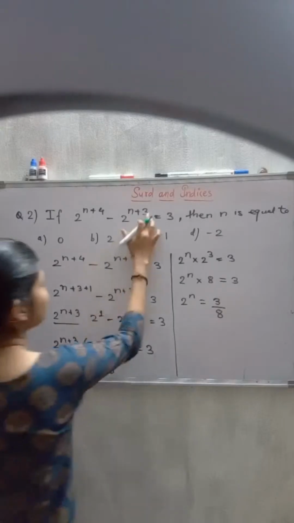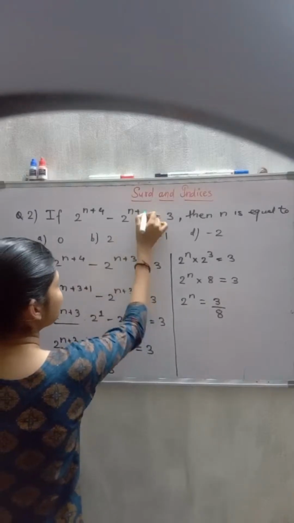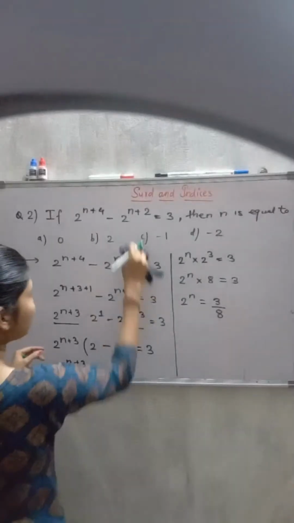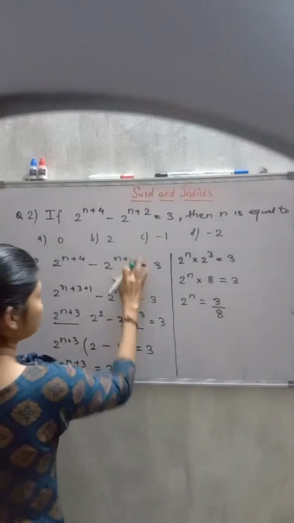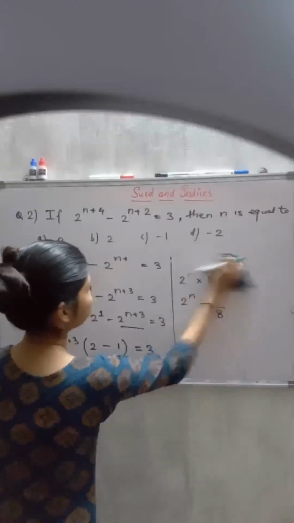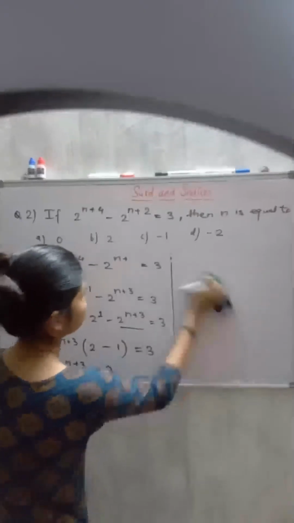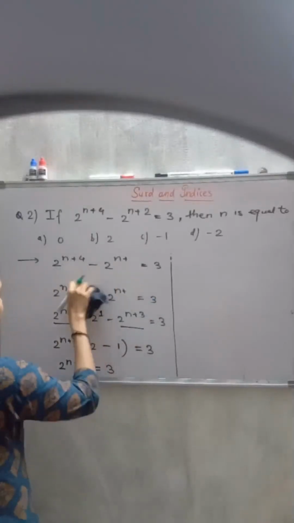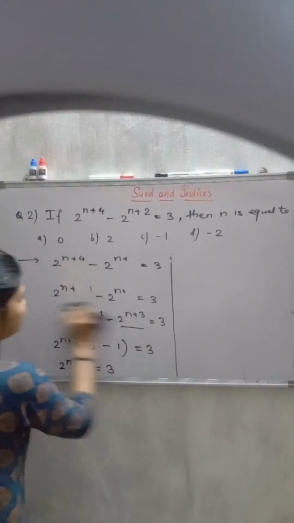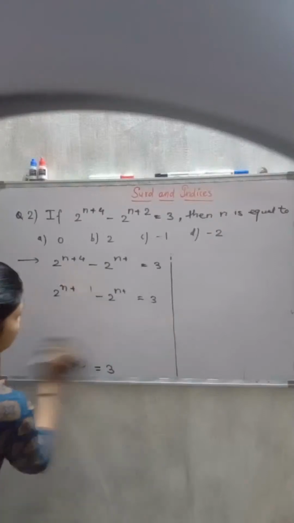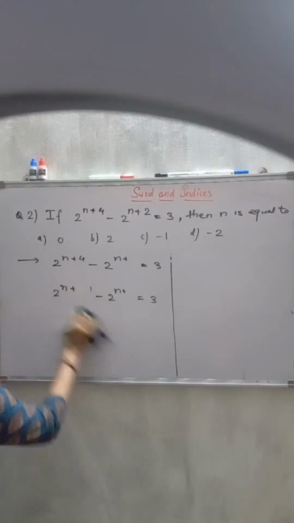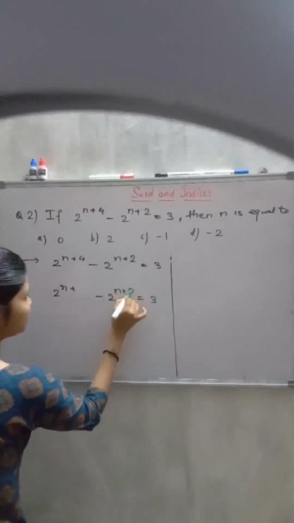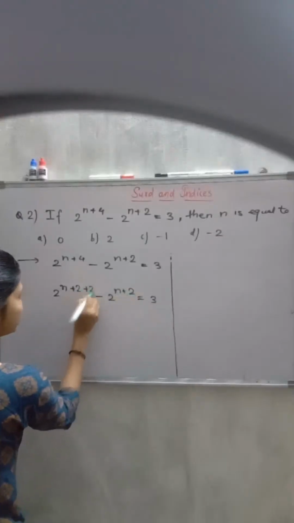Sorry. In this question here, it is 2. So n plus 2 plus 2, 2 plus 2.